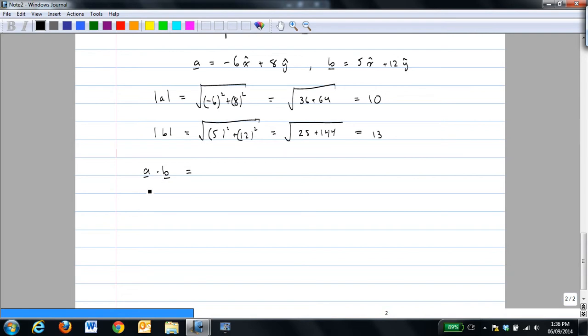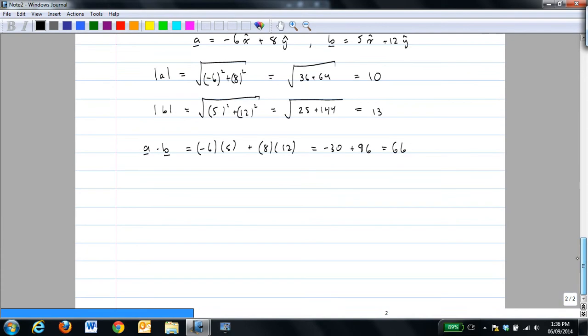So when you do the dot product between two vectors, you actually get a scalar out of it. So we get -6 times 5 plus 8 times 12, and this equals -30 plus 96, which equals 66.